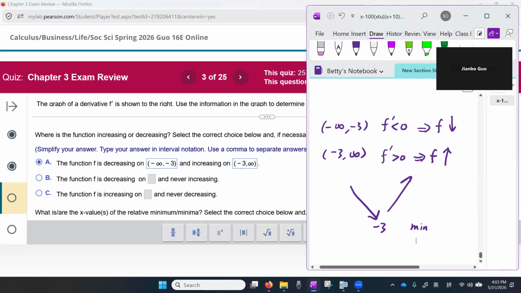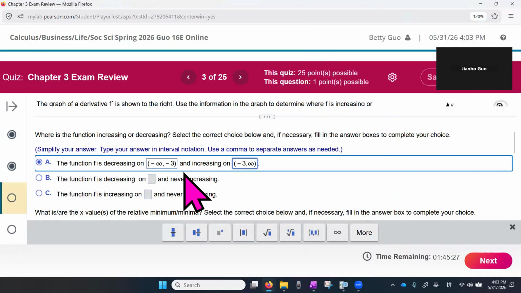That's the same as what we analyzed earlier. From negative infinity to 93, the function is decreasing. From 93 to positive infinity, the function is increasing. So that's the first part.